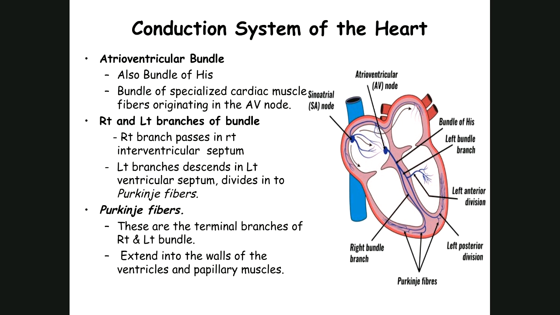Okay. Next, the further part. What we discussed here is the SA node and here is the AV node. Okay. So these two parts are clear. That much is about the SA node. It is the larger one made up of cells, and it is also called the pacemaker of the heart.